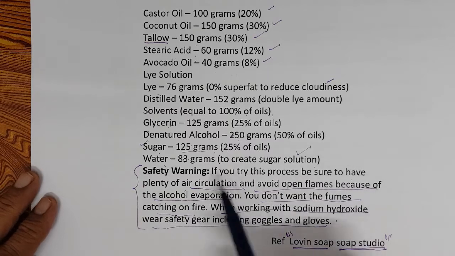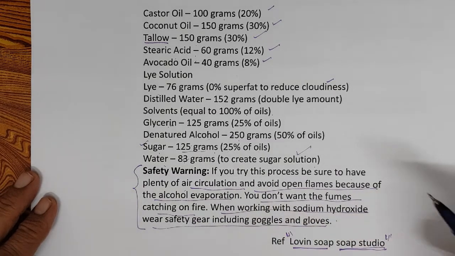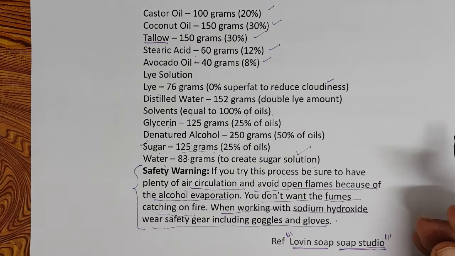Safety warning: if you try this process, be sure to take plenty of care, because you are dealing with denatured alcohol, which is highly inflammable, and also in the process you have to heat to 65 to 70 degrees centigrade. So don't use any open flame. You have to use a water bath.